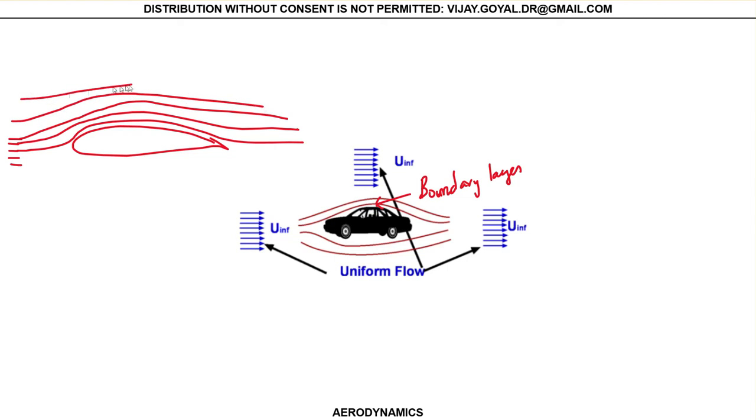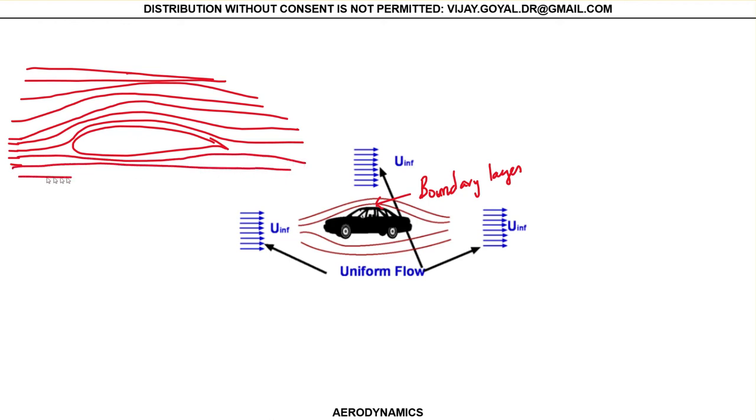Eventually, as you go further away, they become basically uniform. And then here, the same thing at the bottom, it's not going to be that uniform, but as I move away from my airfoil, I can assume that these are uniform lines.